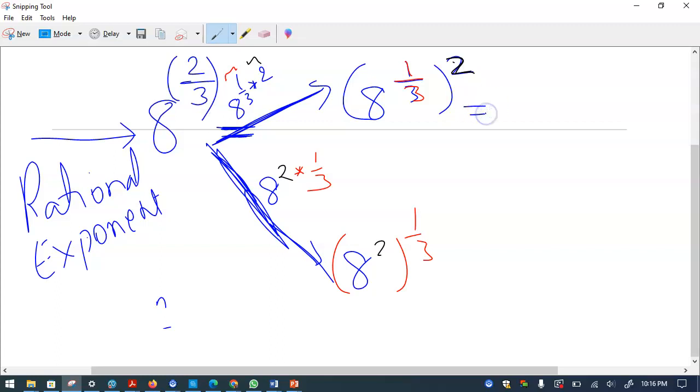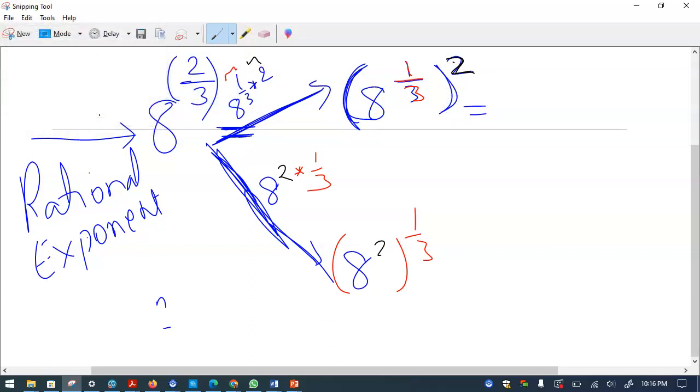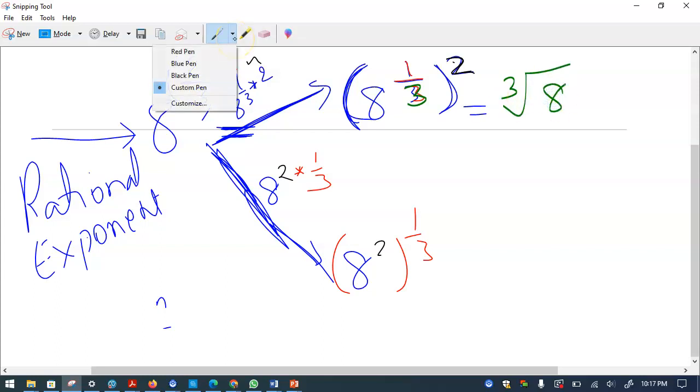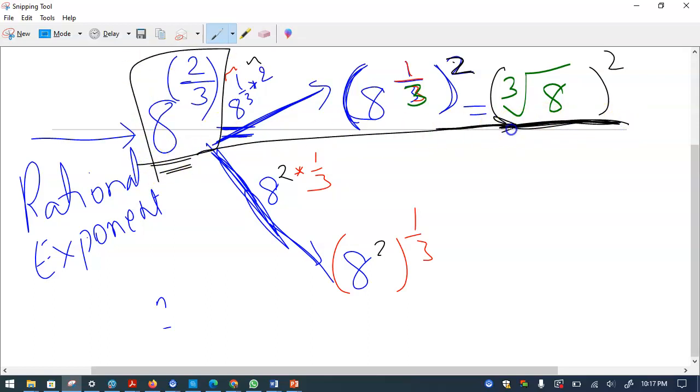Now, using the definition, whatever you see inside the parenthesis can be written as, because there's a 3, remember in the last few minutes, you can write that as cube root of 8. And then the black comes outside. So this whole thing is the same as writing like this.